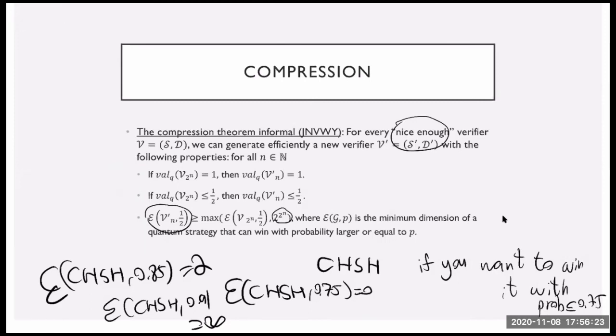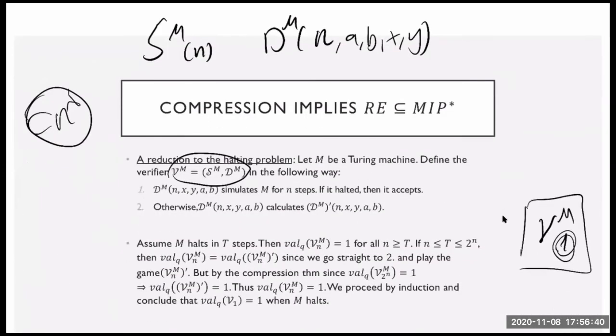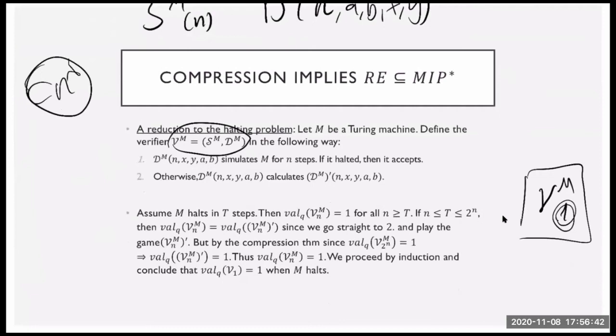No, but you do care. I mean, the whole point is that. Right, you do care. This is why I think they add the 2 to the n. The fact that the running time is important here is not unimportant. But if you just want to do some kind of induction, like I did here, saying that if it runs t steps and n is larger than t, it has value 1.